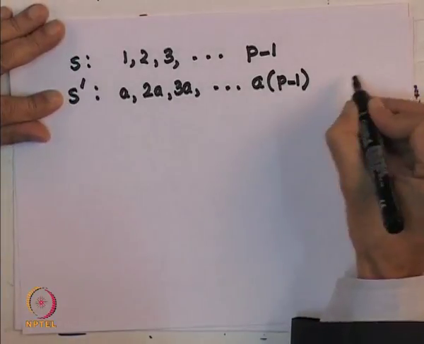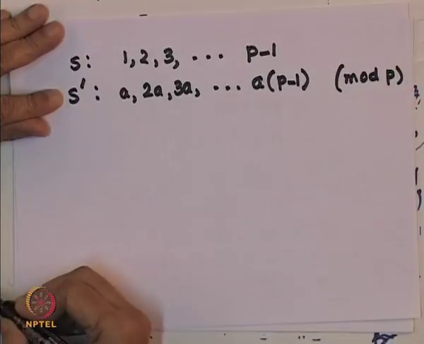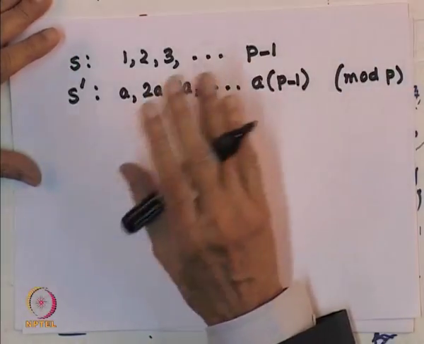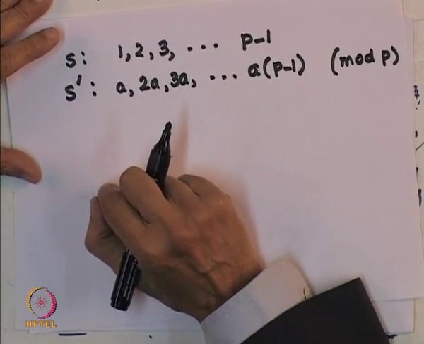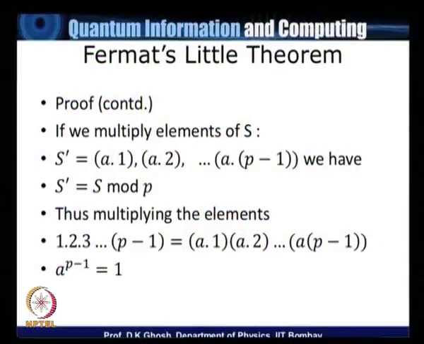Mind you, I am talking about modulo p. They are identical sets, but arranged in a different order. So let us look at this. What we are saying is this, that if I do this, then I get the same set.